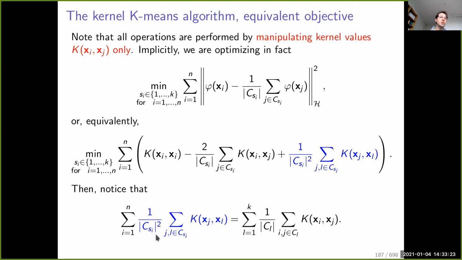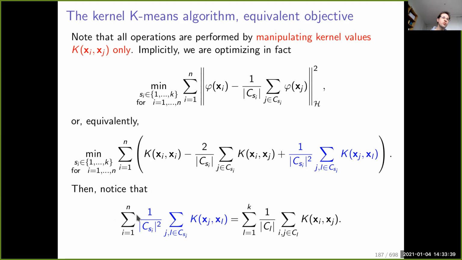So if you sum over every cluster and you look at this kernel value, how many times it appears in the sum, what is the factor which is in front of it, you can get convinced that this is equal to the quantity on the right.